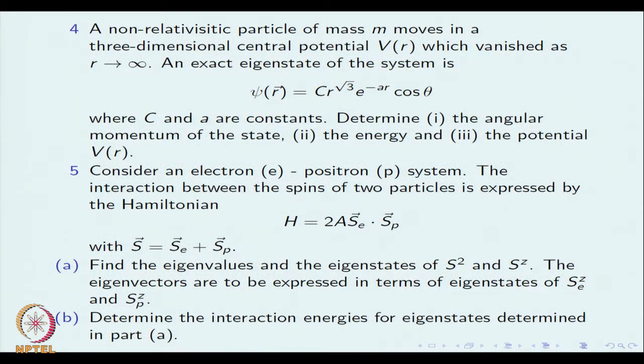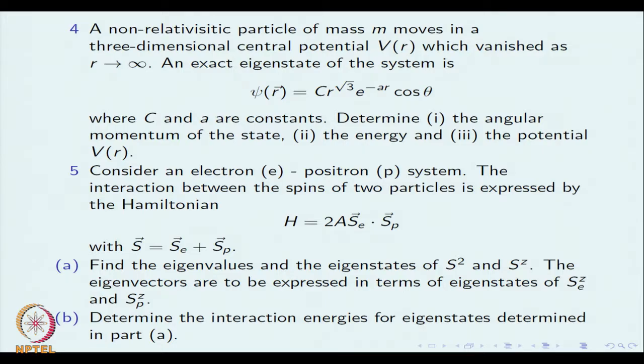So, consider an electron and a positron system, and the interaction between the spins of the two is expressed by a Hamiltonian which is proportional to the spin of the electron and the spin of the positron coupled. So, SE is the spin of the electron, SP is the spin of the positron.